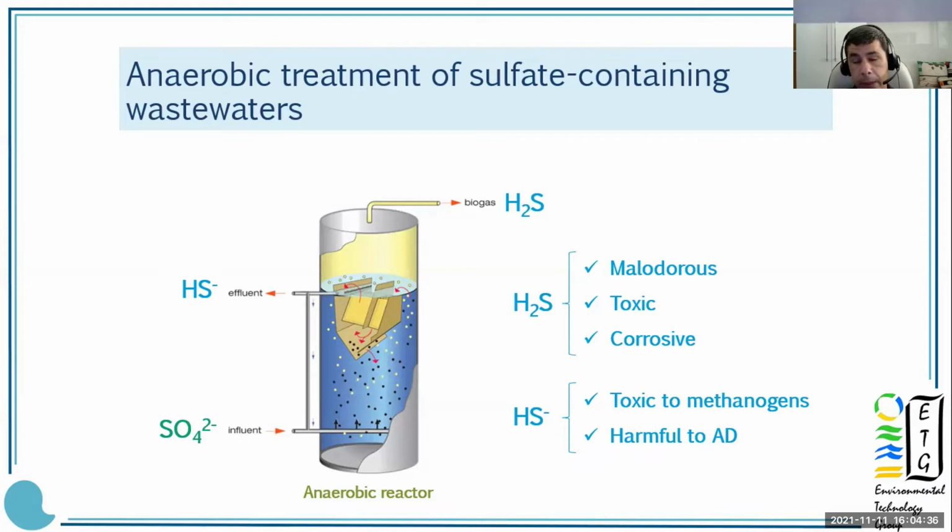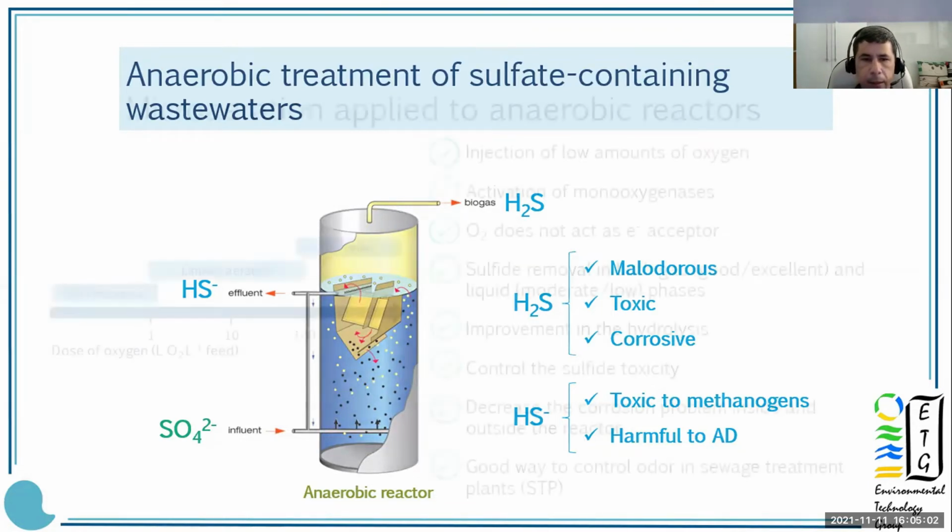But if we think of a more concentrated wastewater in terms of sulfate, this toxicity of sulfide can be very hard in an anaerobic process, and therefore imposes a risk to the full conversion of organic matter.